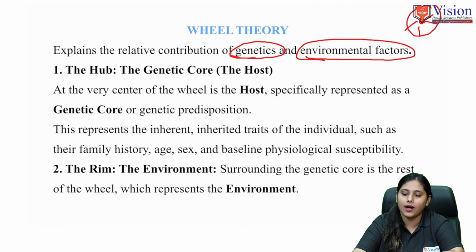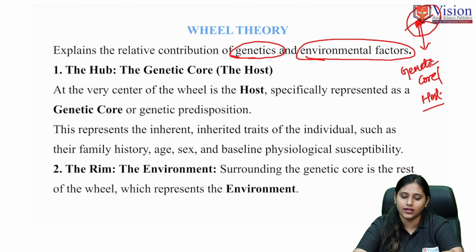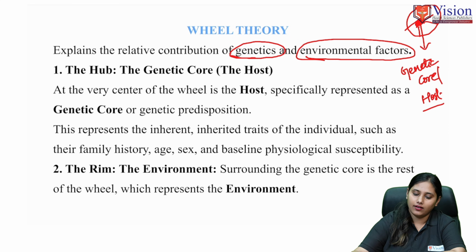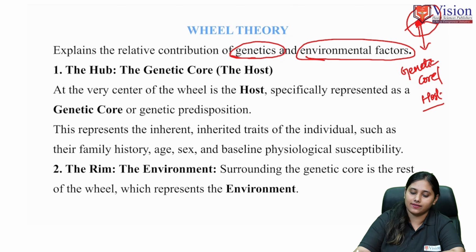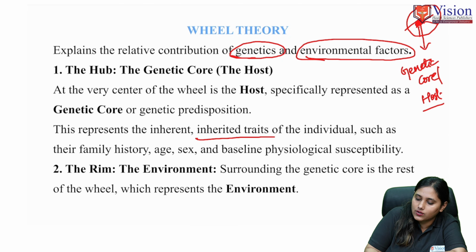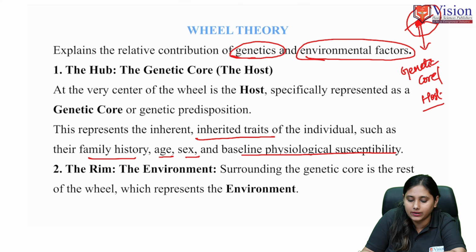There is a hub. It is known as the genetic core, or the host. At the very center, there is a genetic core, which is the host, and it represents inherited traits of the individual, for example, the family history, age, sex, and baseline physiological susceptibility.